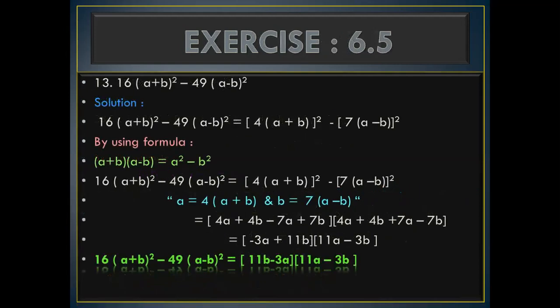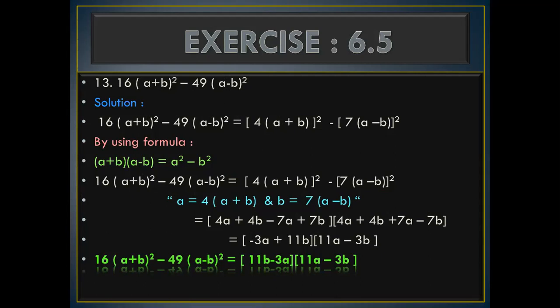Next question is 13. 16 a plus b whole square minus 49 a minus b whole square. This is same as we have done in the previous one. 16 is a square of 4 and 49 is also the square of 7.